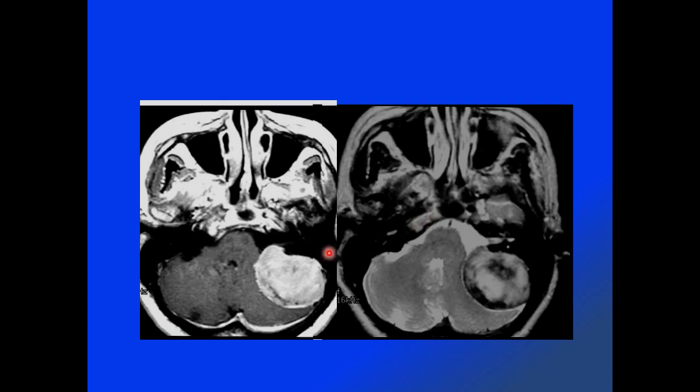Axial T1 weighted image post-contrast demonstrates a large extraaxial mass within the left side of the posterior fossa along the left cerebellar hemisphere convexity. T2 image demonstrates the mass to be positioned posterior to the left internal auditory canal, consistent with a meningioma rather than a vestibular schwannoma at the CP angle cistern.